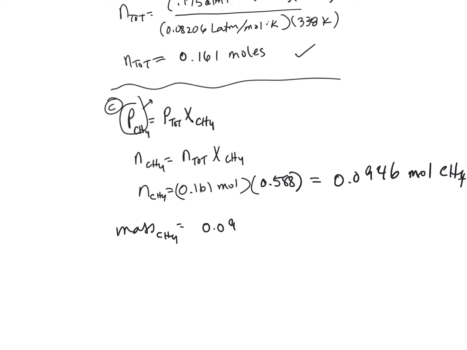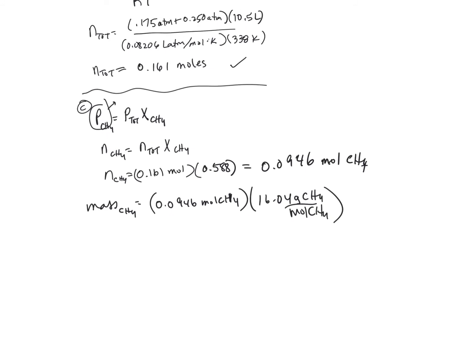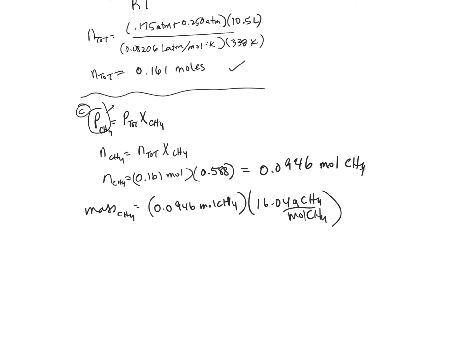So 0.0946 moles of methane, CH4, multiplied times the molar mass, which is C12, 16.04, I think that's right, grams per mole, grams methane per mole of methane. Okay, and so that'd be times 16. So this is going to be 1.52 grams of methane in that mixture.